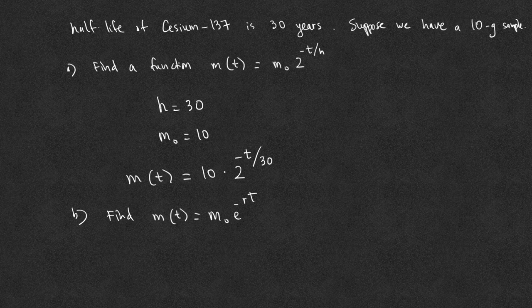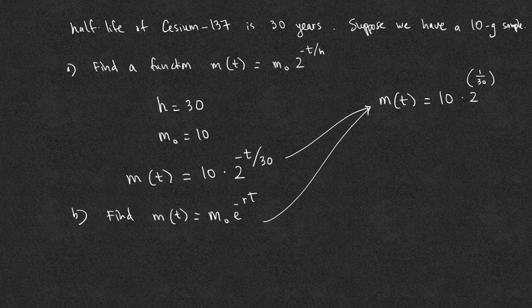The simplest and easiest way to do this, now that we have the half-life equation, is to compare the two. The equation we just found is m of t equals 10 times 2 to the, rewriting it, t times negative 1 over 30.